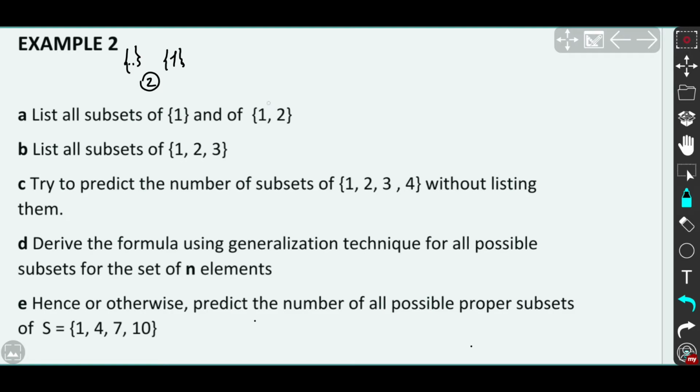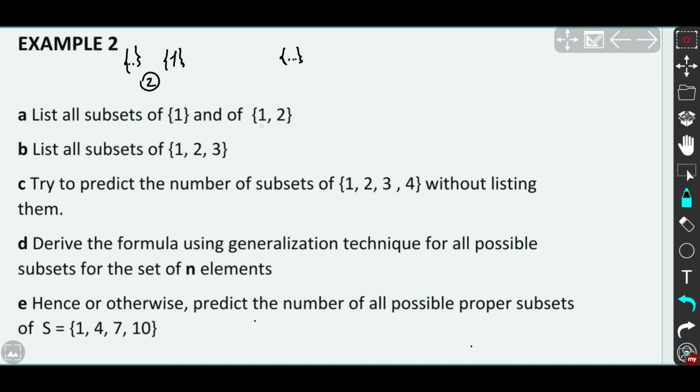So I just fix the number 2 for a set of one single element. And here are two elements. Alright, so let's list all possible subsets. Normally you need to start from the empty set because it's a very good starting point, so that you won't forget it later on. Okay, so that's one subset.